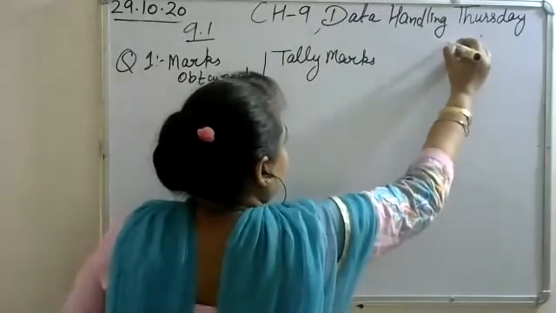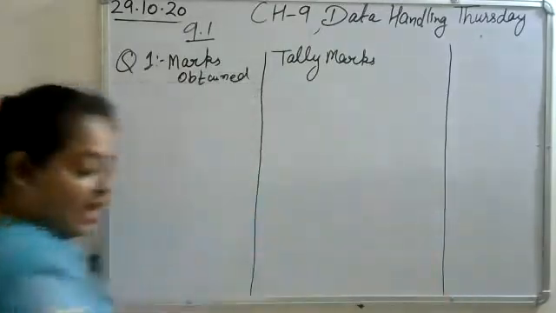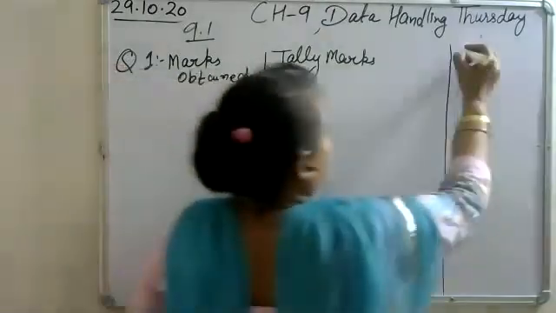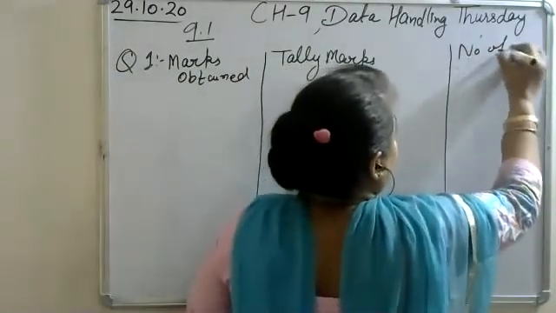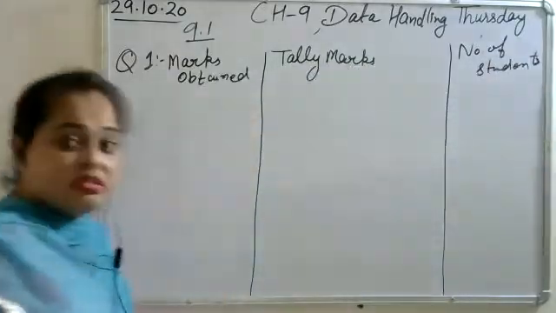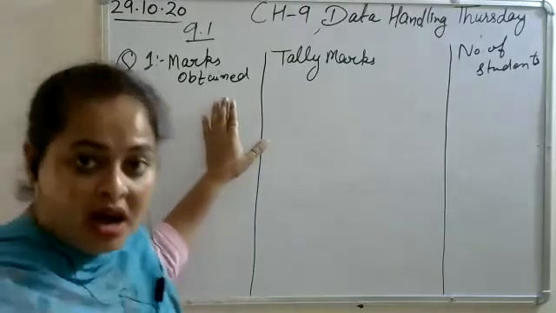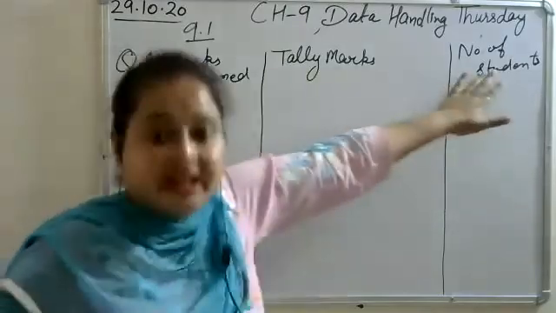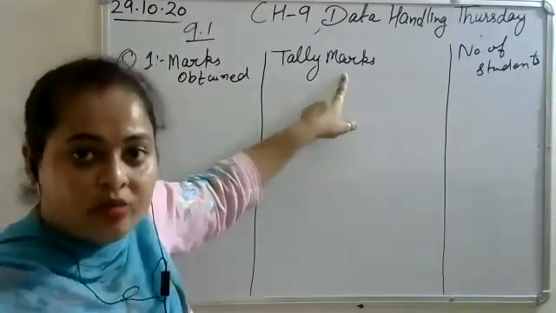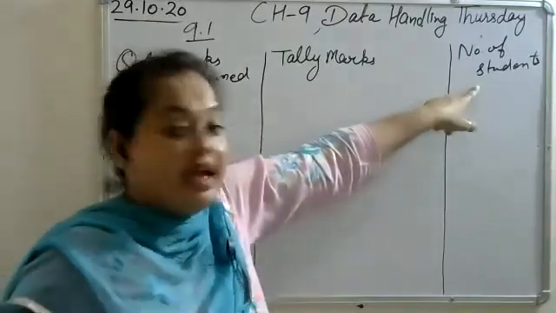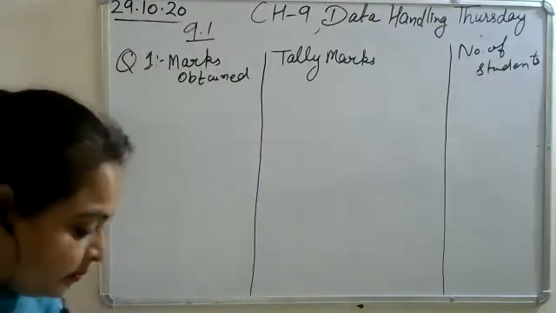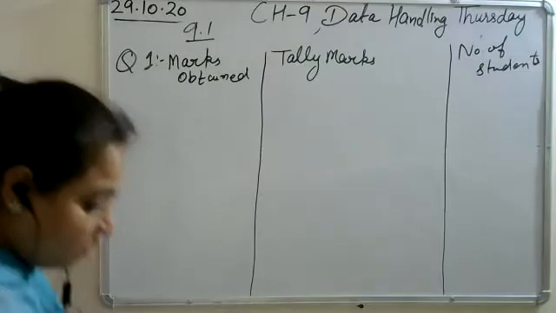And in the end, you will write number of students, because these are the marks obtained by students. So marks obtained, in the middle tally marks, then in the end column number of students. Now, marks will start from 1.